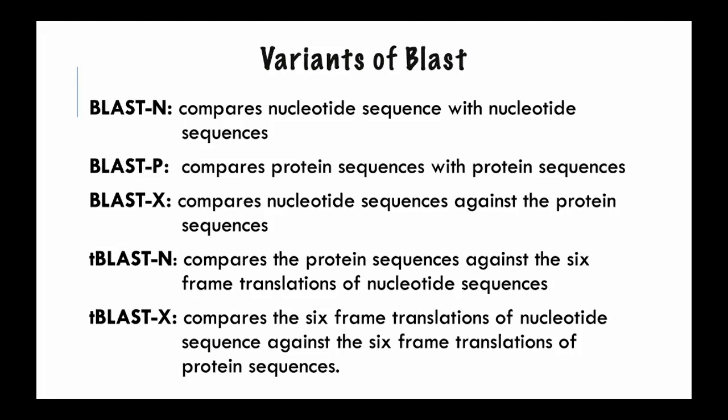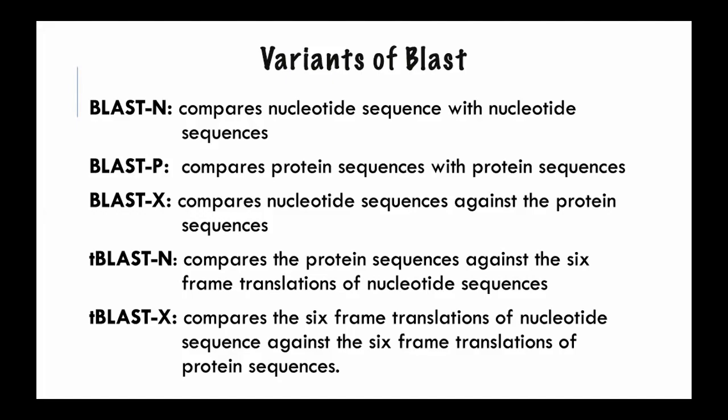So N denotes nucleotide, P denotes protein sequences, and BLASTX compares a nucleotide sequence against a protein sequence, while TBLASTN compares the protein sequences against the six-frame translations of nucleotide sequences, and TBLASTX compares the six-frame translations of nucleotide against the six-frame translations of nucleotide.